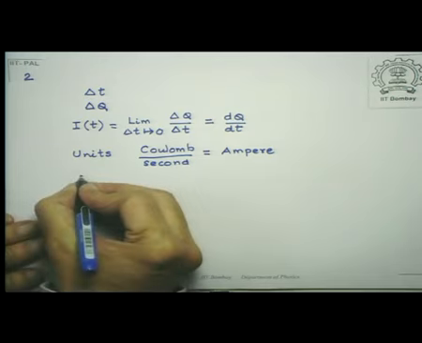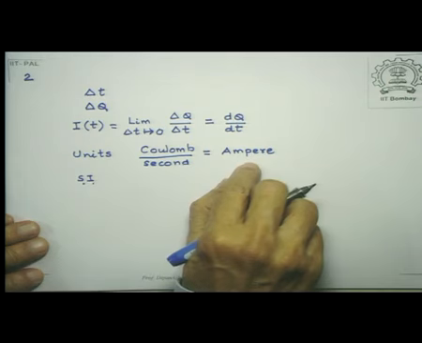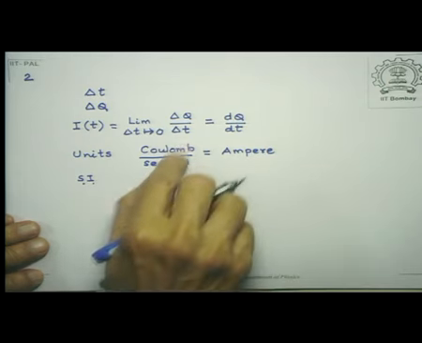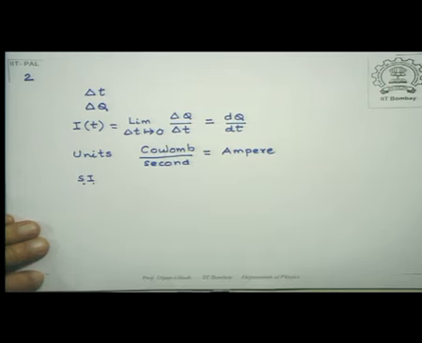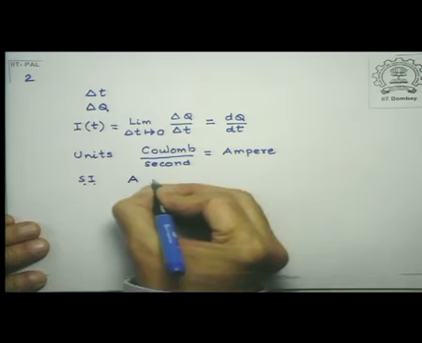Actually, in SI units, the ampere is defined not as coulomb per second, because coulomb is not a fundamental unit. Ampere is defined in terms of its magnetic effects, but that we'll be talking about in later parts. So ampere is a fundamental unit.